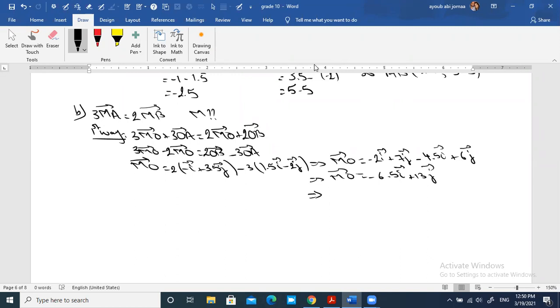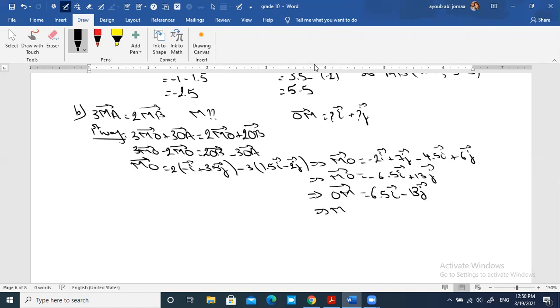We need OM in order to find the components or the coordinates of point M. So find vector OM as a linear combination of I and J. OM will be exactly the opposite: 6.5I minus 13J.